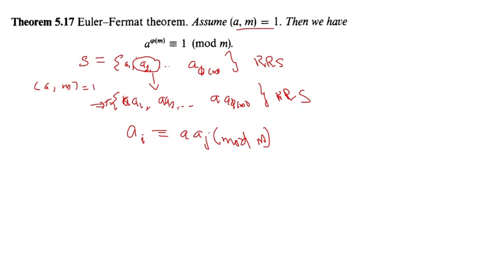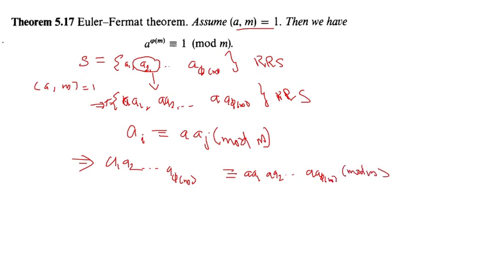Therefore, if you take any element from S, that must be congruent to one of the elements in T. Therefore, we will get ai congruent to aaj modulo m. That means a1, a2, etc., a phi of m is congruent to aa1, aa2, etc., aa phi of m modulo m.